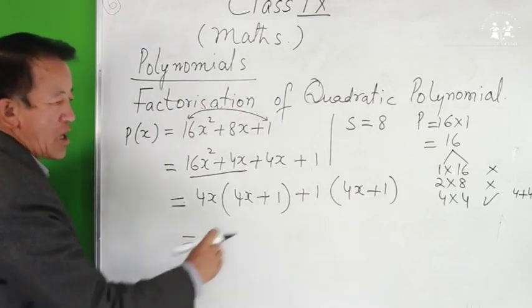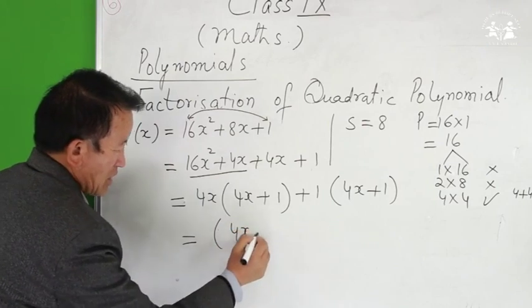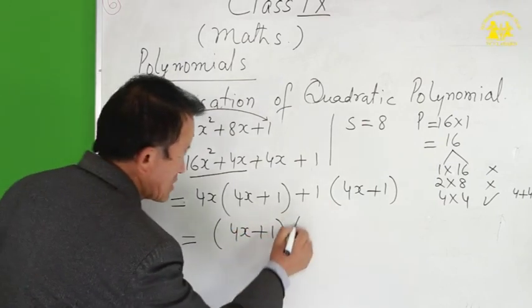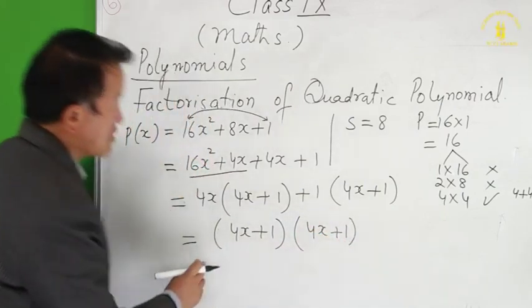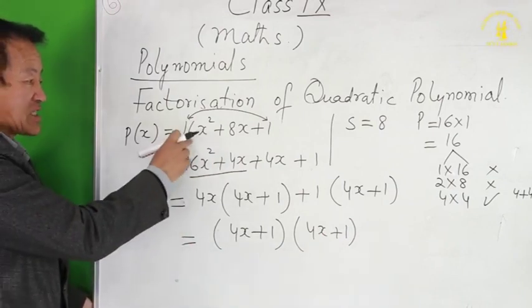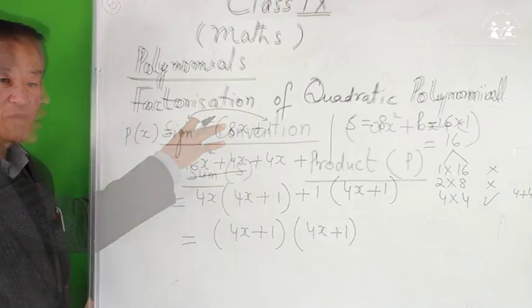Now here, the terms inside the bracket are the same. So we take the common 4x plus 1. What will be left? 4x plus 1. So these two are the factors of 16x squared plus 8x plus 1.